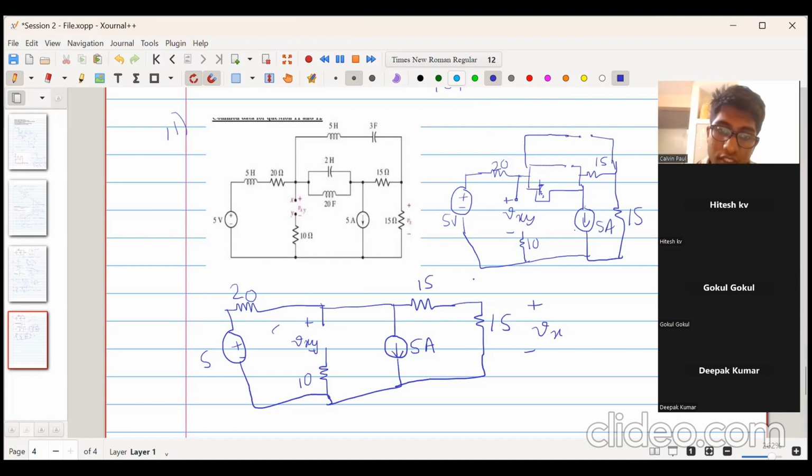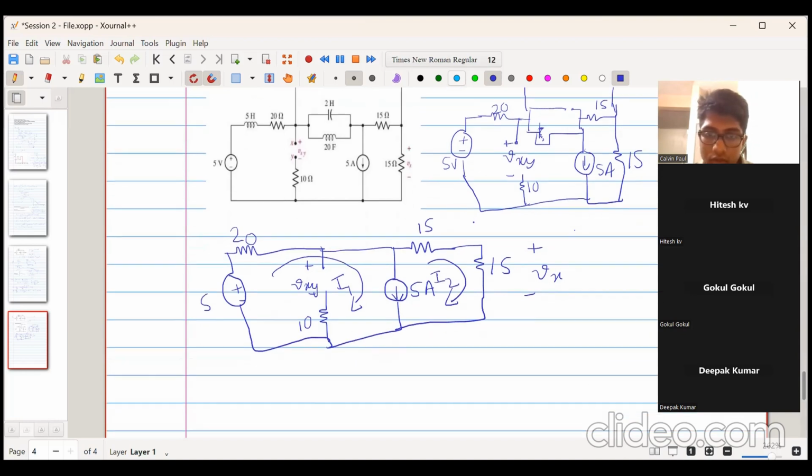So how we will solve it is we will consider this current I1 like this here, and we will consider current I2 like this. So we will do mesh analysis. Sir, in this circuit we cannot use mesh analysis because there is a current source.